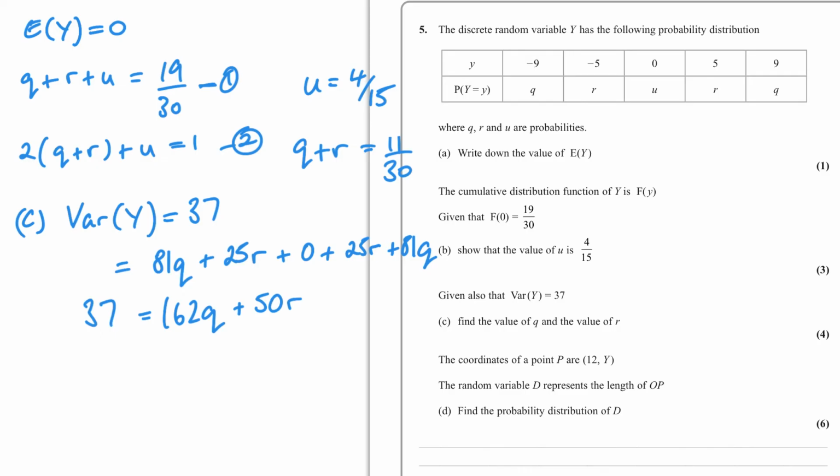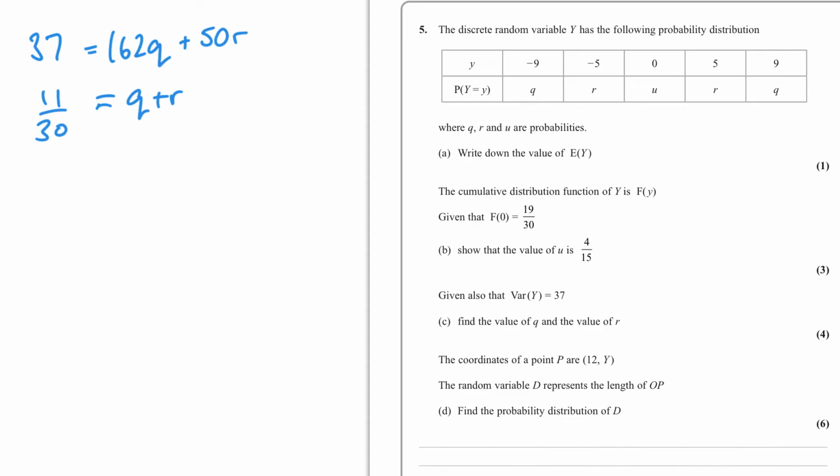We now actually have two equations involving q and r. If I look back to this equation here, q plus r equals 11 over 30. So all I want to do is rearrange from one of them, substitute into the other, and eliminate. So if we look at from 2, we can get r equals 11 over 30 minus q.